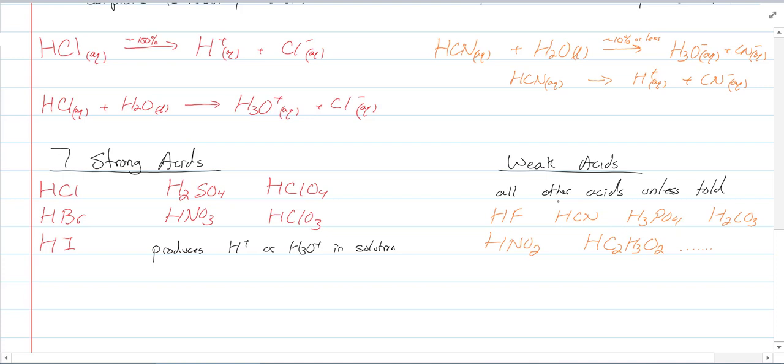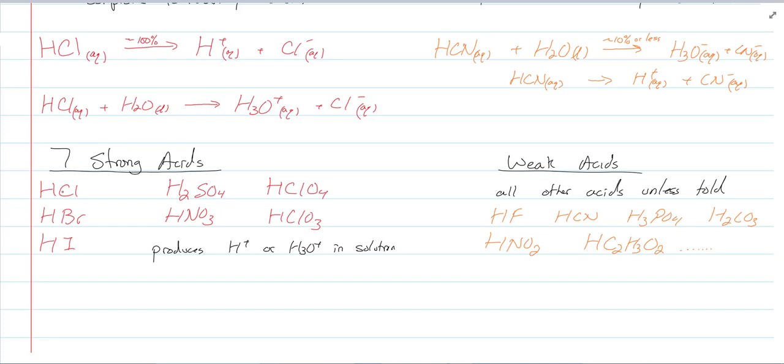Just because it's strong, all that has to do with is their behavior in water. All chemicals can be inherently dangerous, and all chemicals can be inherently safe, depending on how they're used and how much. So HCl would be a strong acid, but it's not necessarily as toxic as some other ones. So just know, strong means more H plus in solution, better conductor of electricity.